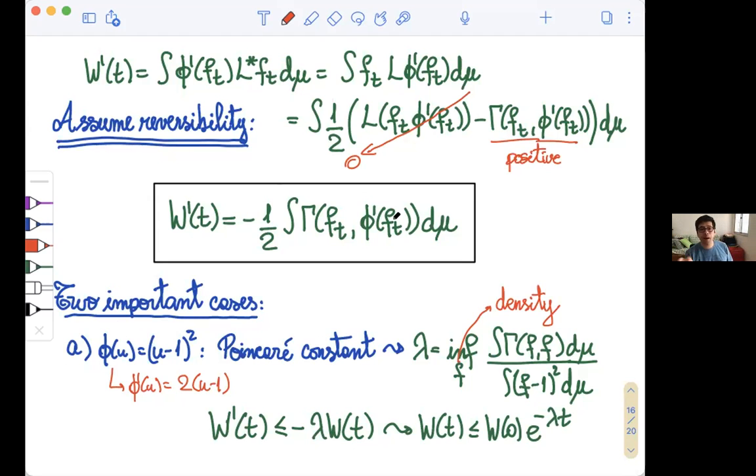So you have gamma of ft on the right hand side. But now I'm using a bound that holds for any density f to get a bound on Wt. That looks a little bit silly if you think about it, because I'm not using at all the fact that ft is not any function. It's actually the density of the law of my process.